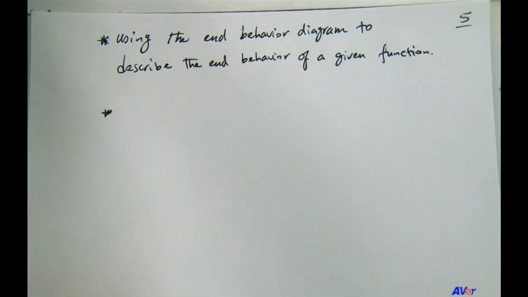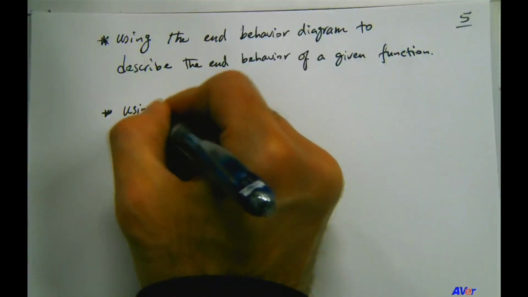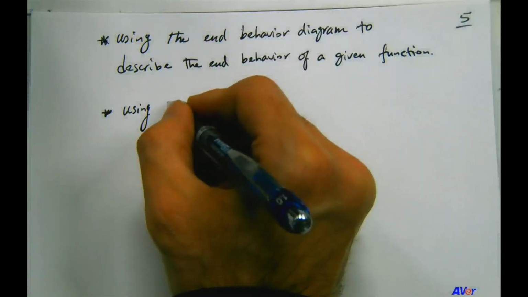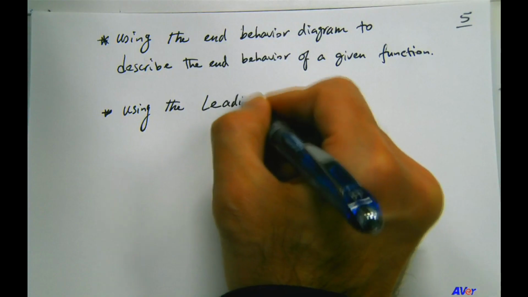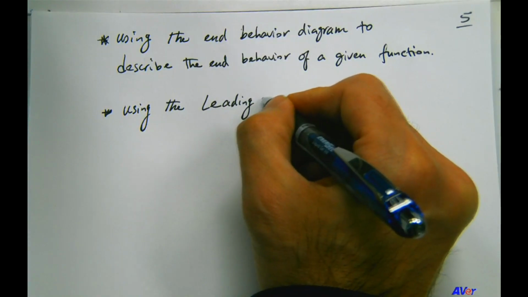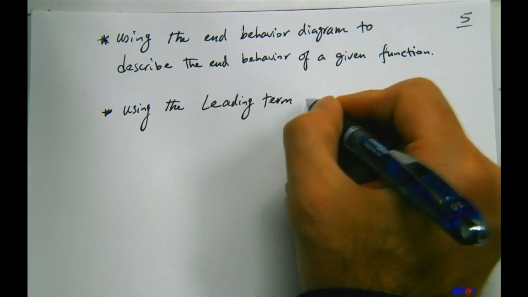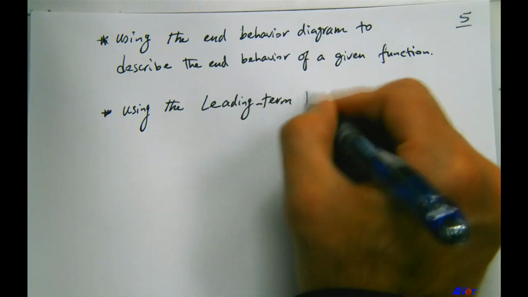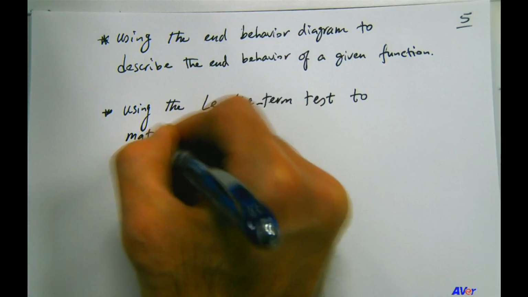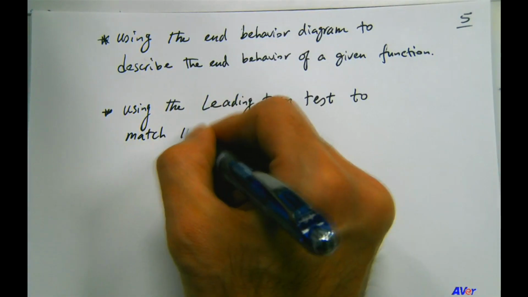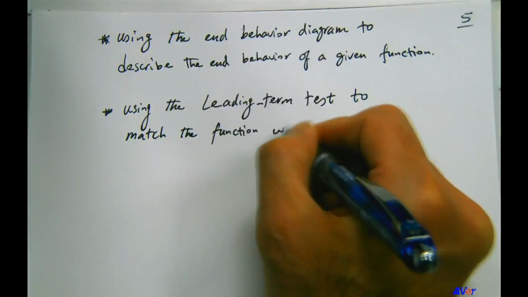The other one is called using the leading term. We've already talked about the leading term, right? So using the leading term test to match the function with its graph.